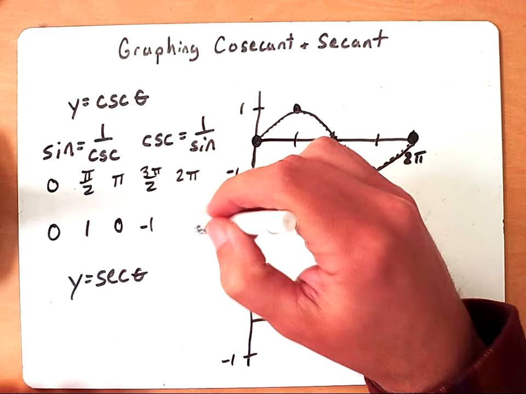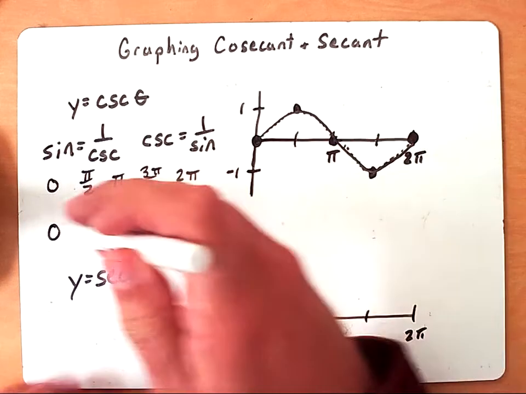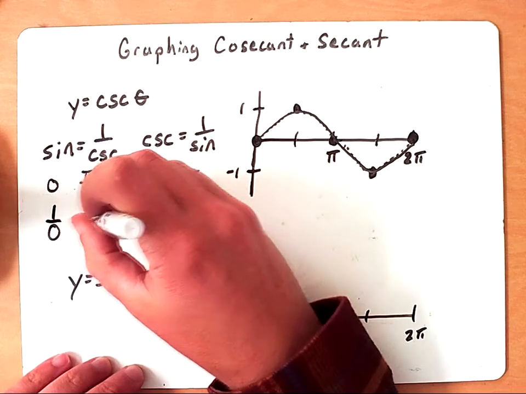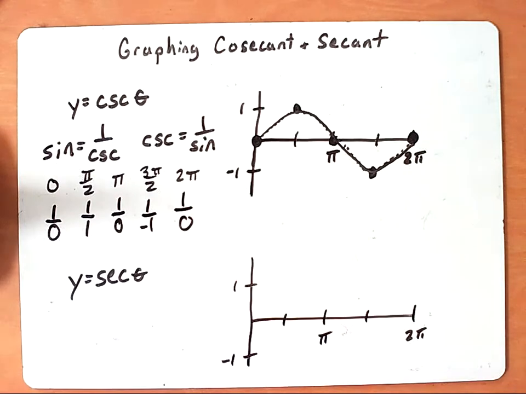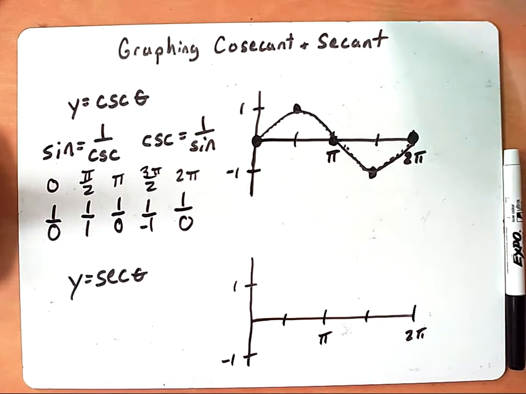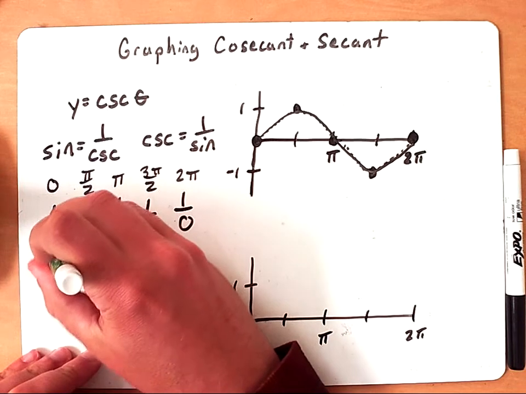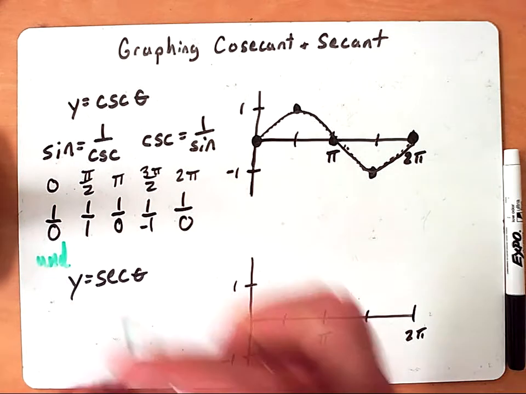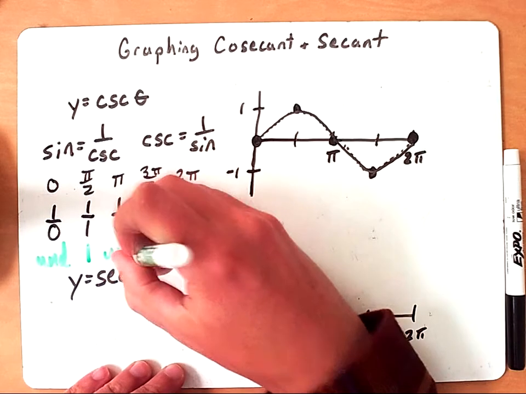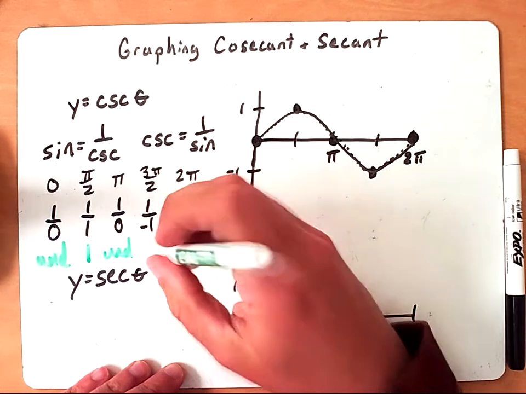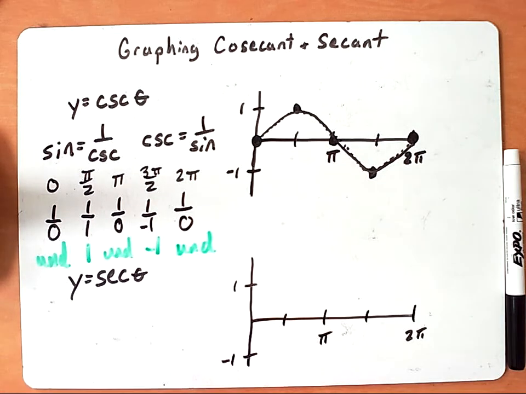So these are all the values of my sine function, and if I put each one of these underneath 1, this will tell us what our cosecant graph is going to look like. 1 over 0 is going to be an undefined value. 1 over 1 is going to give me 1. 1 over 0, another undefined value. 1 over negative 1 is going to be negative 1. And again, 1 over 0 gives me undefined.